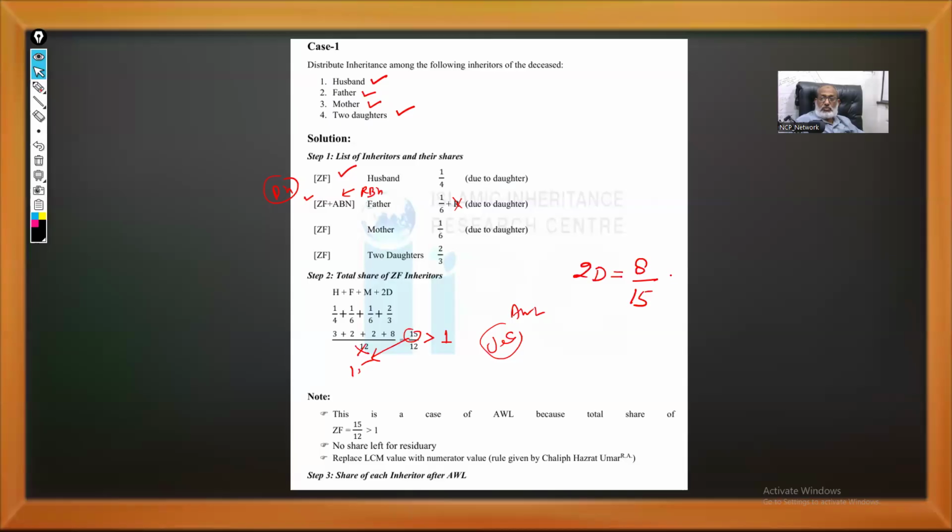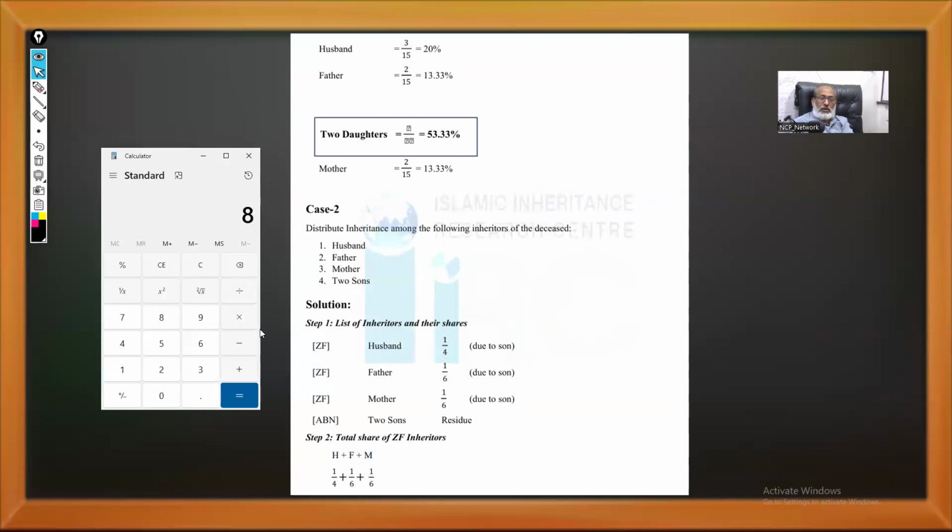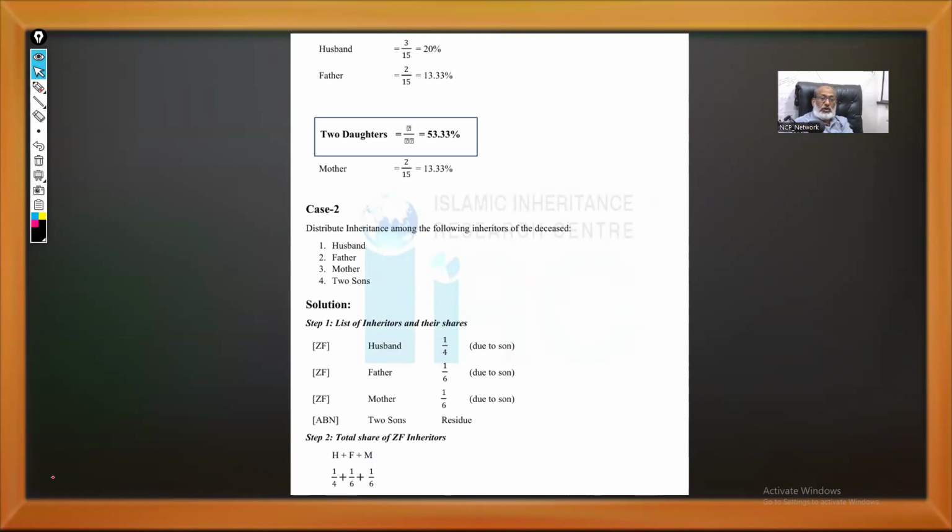8/15. So when you simplify it, 8/15 is 53.33%.